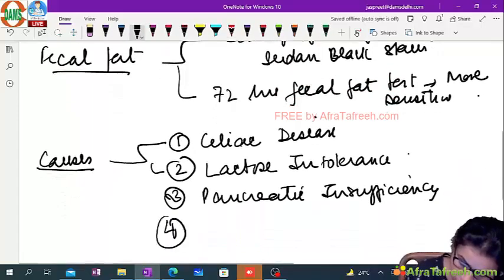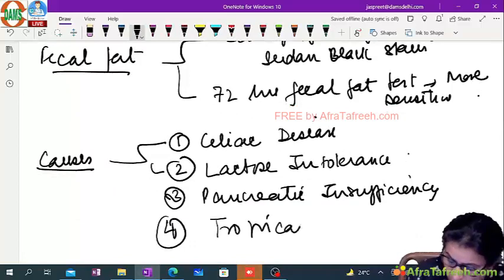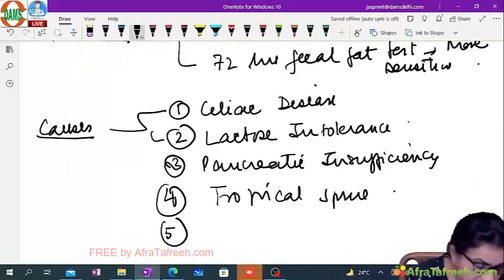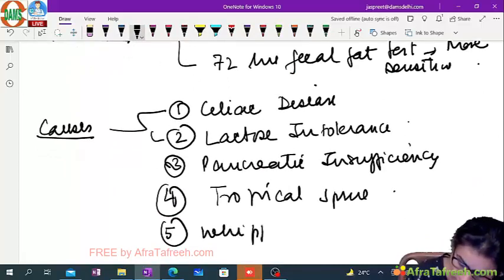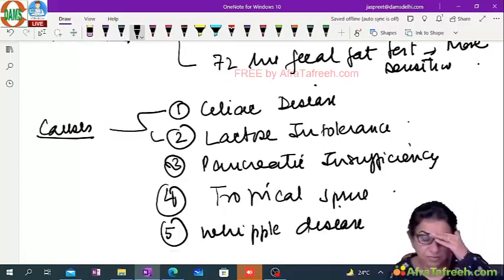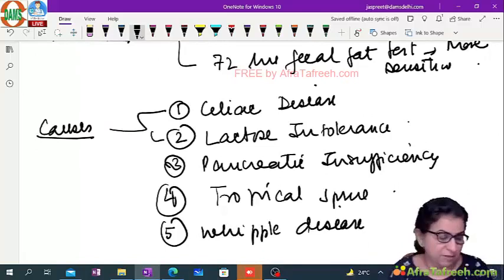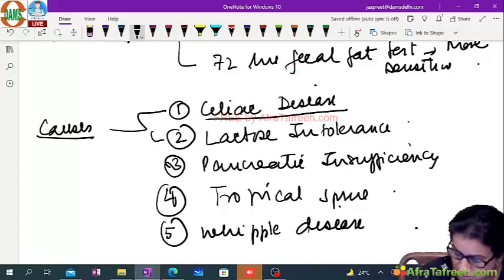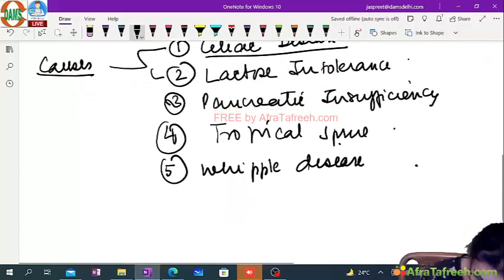Fourth, along with celiac disease, I will cover tropical sprue. And fifth is Whipple's disease. So these are the 5 important causes of malabsorption which I am going to cover. First I'll start with celiac, then go to tropical sprue and then come to others. So first let us come to celiac disease.